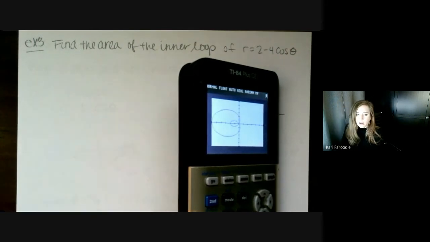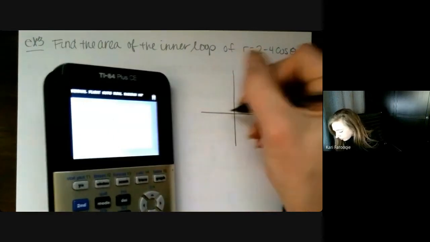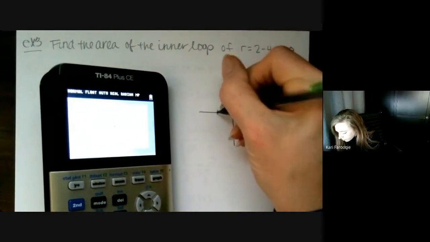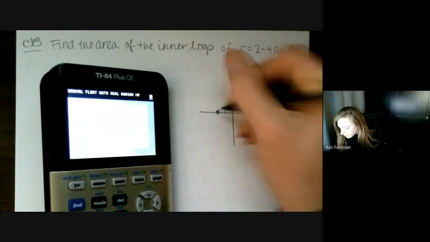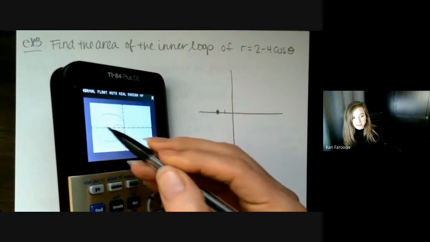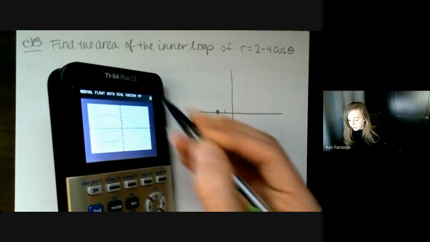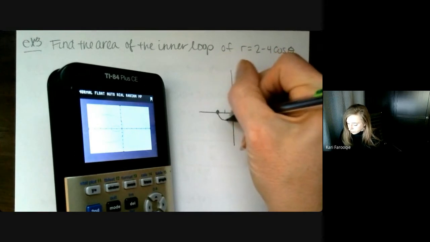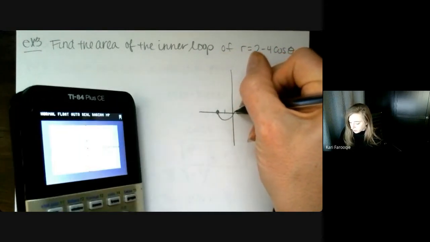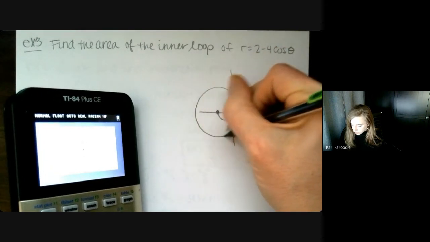Okay. Did you all notice where this graph started? It's really helpful to see that. So it started here at -2, and then it went down into the origin, and then it went kind of around like this, and then it went back down again.